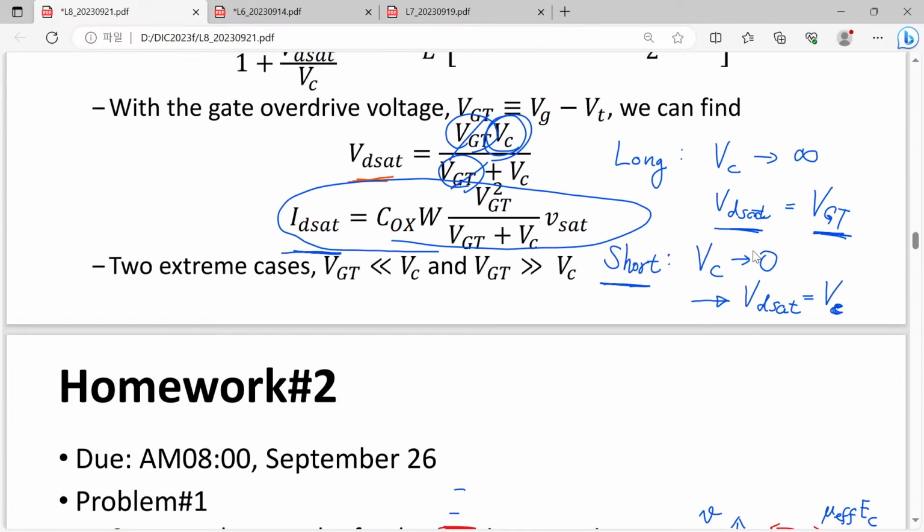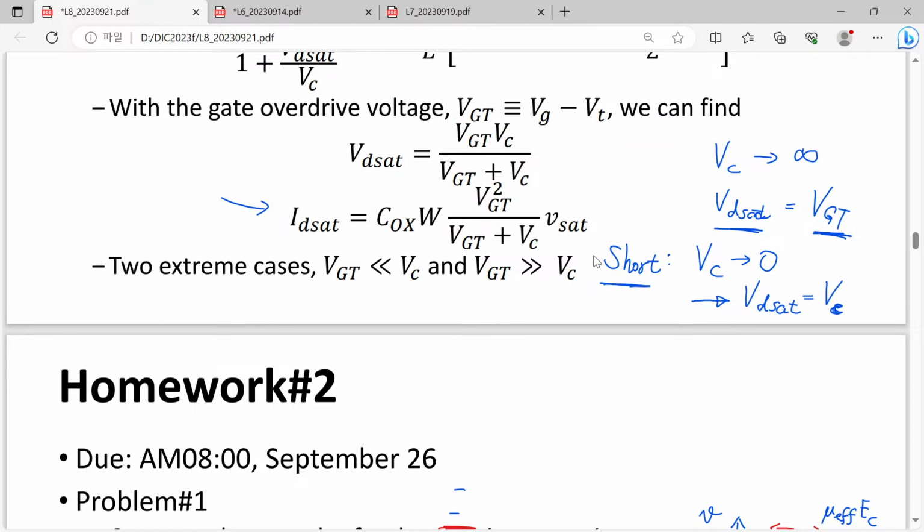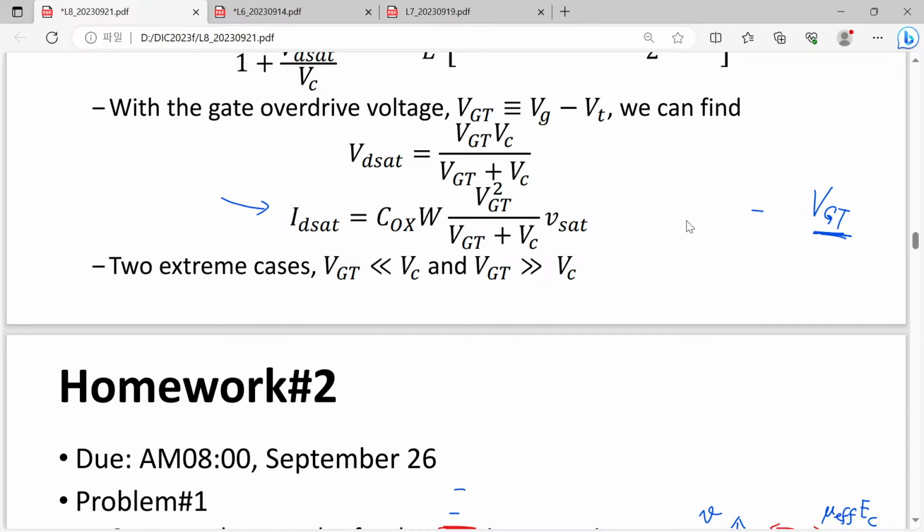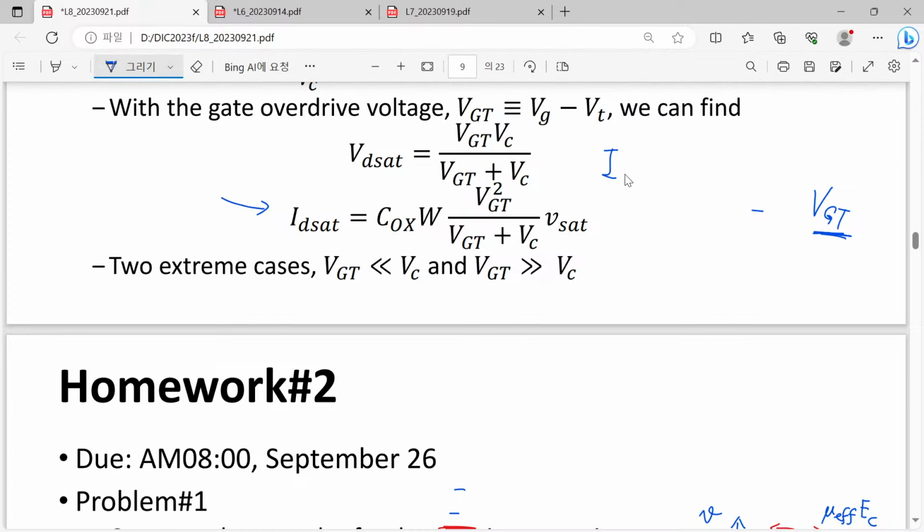Then my question is, think about the expression for your ID. For a long channel device, you remember that the saturation current was just proportional to VGT squared.